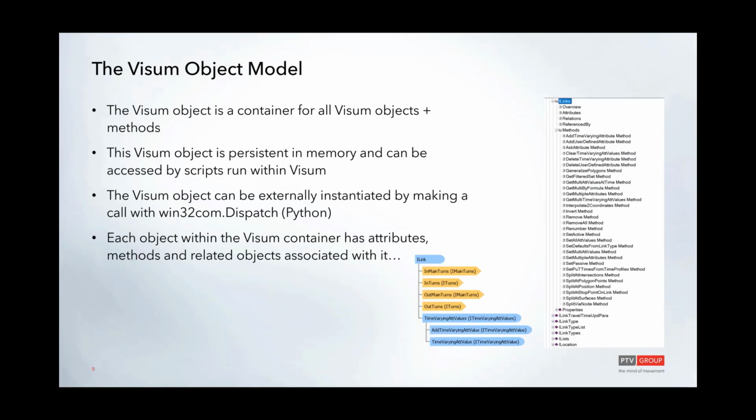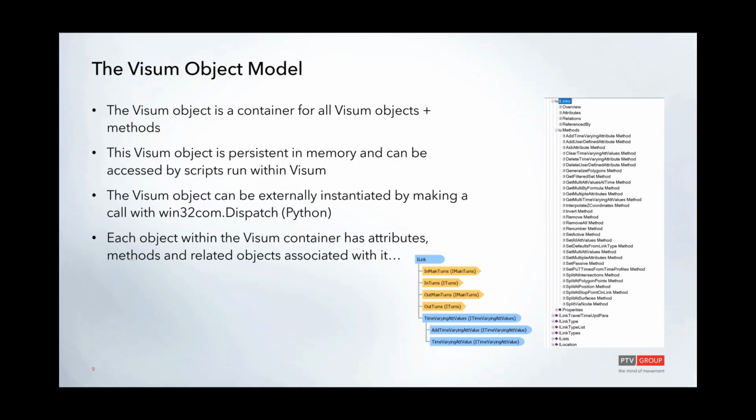Now, each object within the Visum container has some attributes. It may have some methods associated with it and related objects also associated with it. For example, you can see over here how the links object is structured. The link object is connected with turns that come in and out of it.